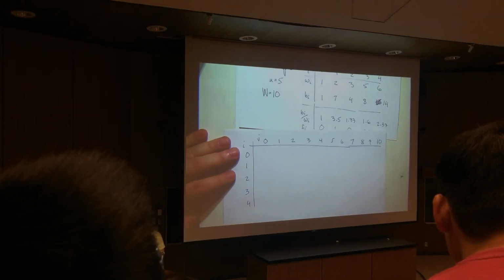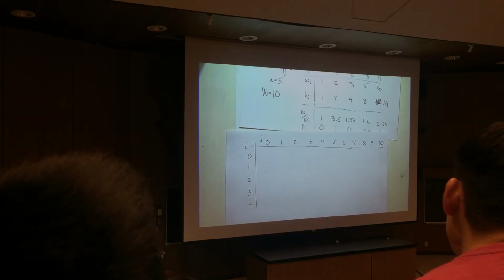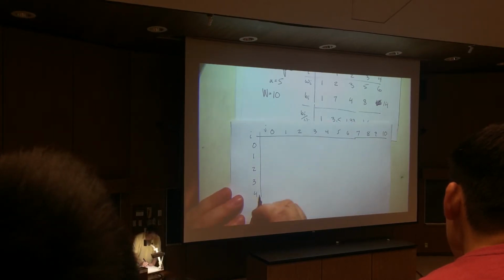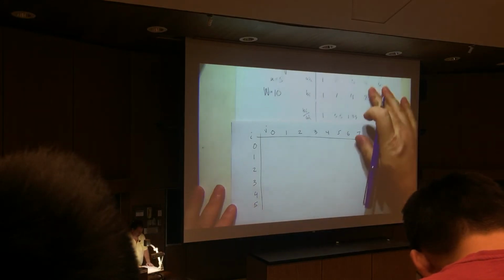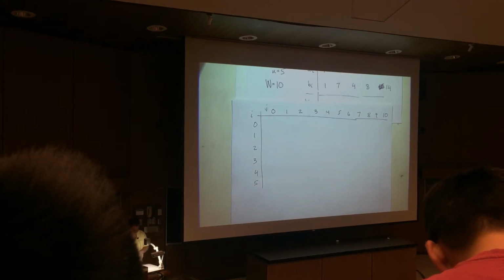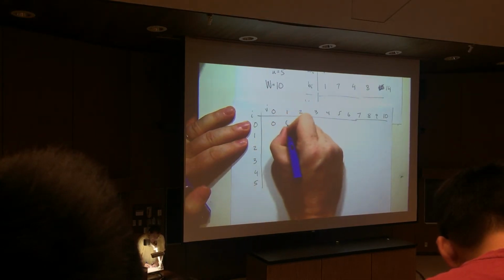We have capacities going all the way up to 10. And we have numbers of items in our subproblem going up to 5 because there's 5 items in our input. As a base case, when there are 0 items in our input, we get zeros.